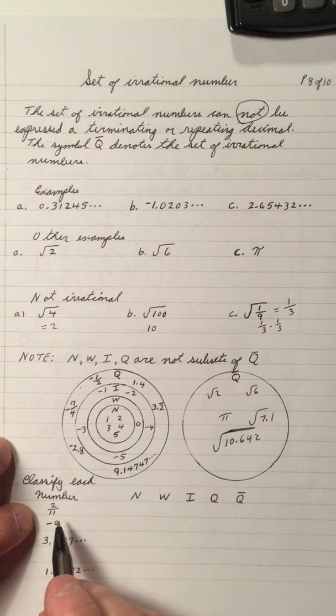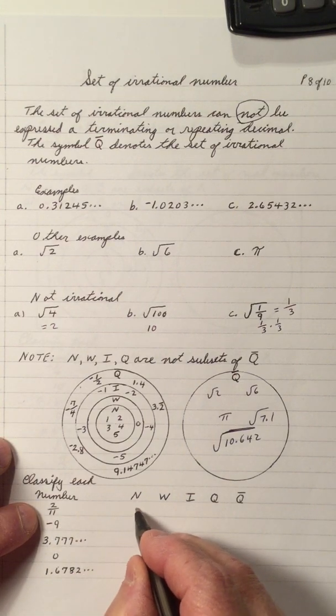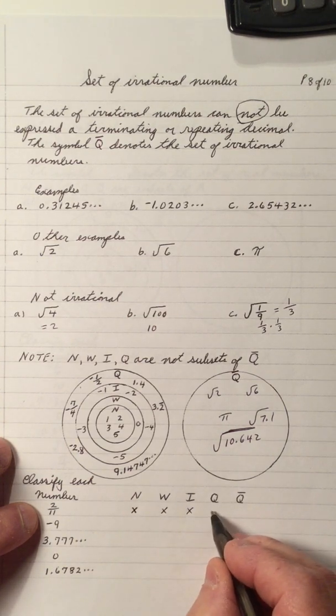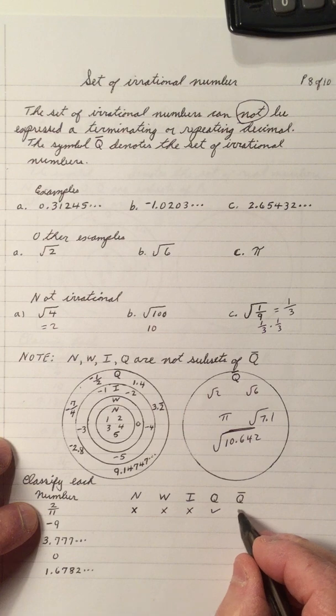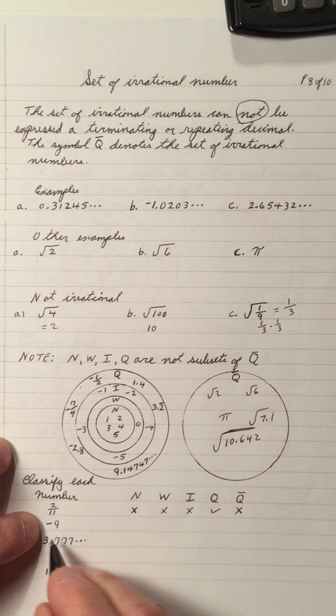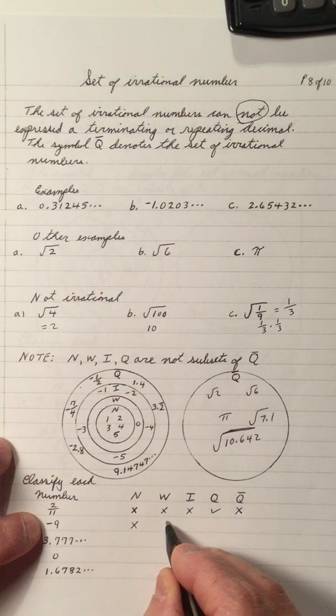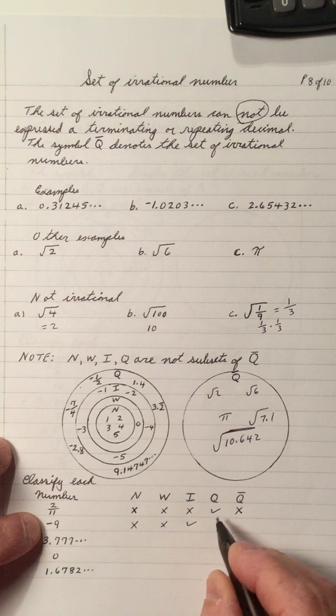Let's classify some numbers. 2 over 11: not natural, not whole, not an integer, it's a rational number, and it's not irrational. Negative 9 is not natural, is not whole, it's an integer.